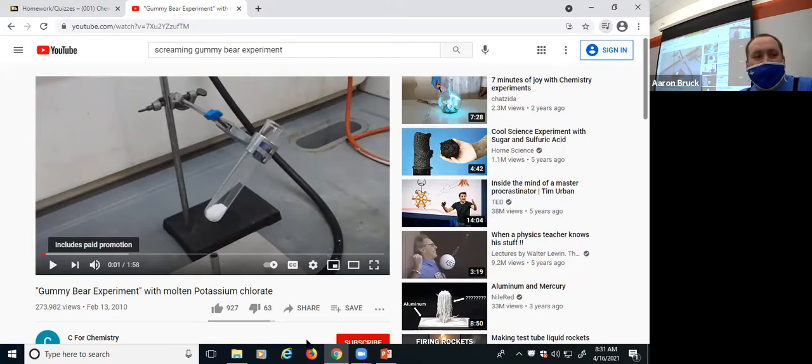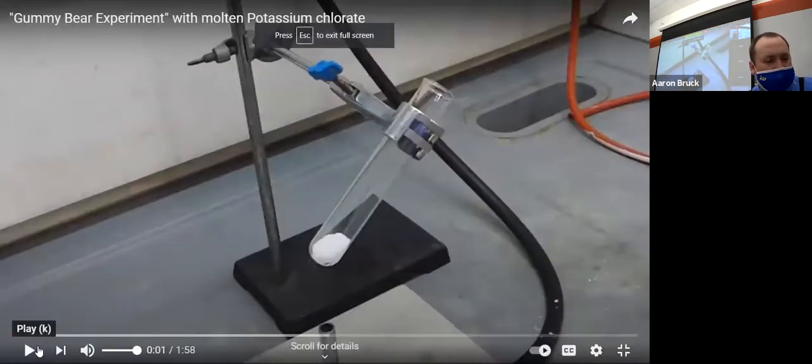This is potassium chlorate. Potassium chlorate, as you saw a couple of slides ago, is a strong oxidizer. With those strong oxidizers, as I mentioned before, those strong oxidizers will generate oxygen when they are heated. And potassium chlorate is certainly no exception to that rule.